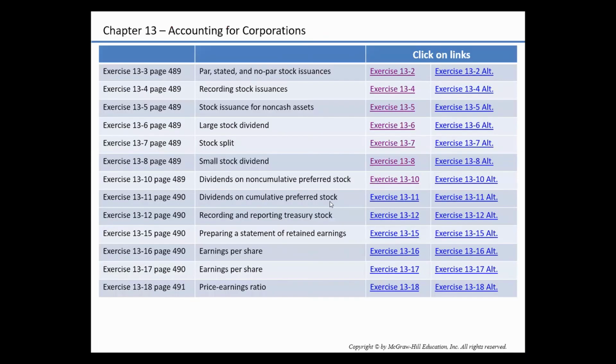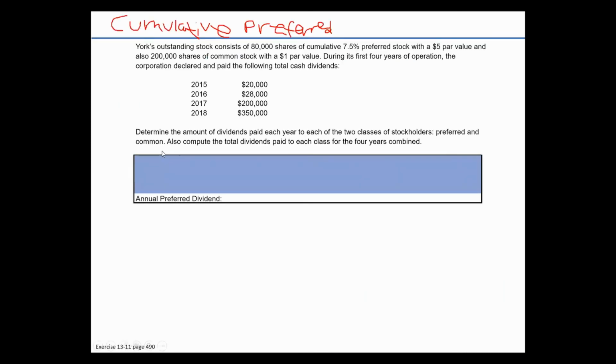So the next one we're going to take a look at would be a dividend, but it would be for a cumulative preferred stock. Again, the same amounts, but remember, this is for a cumulative. The annual preferred dividend is calculated the exact same way, regardless.